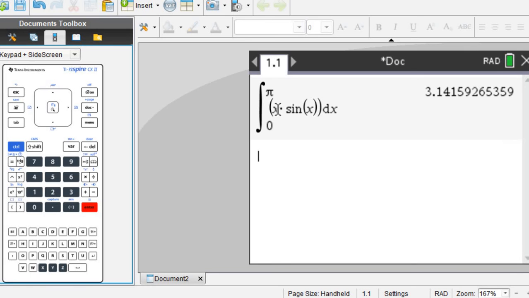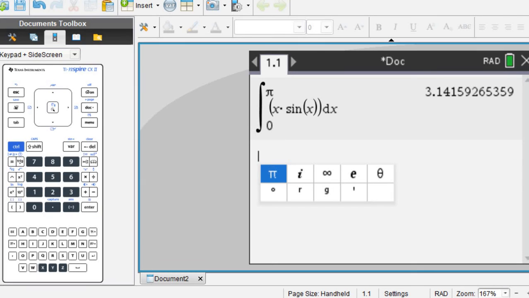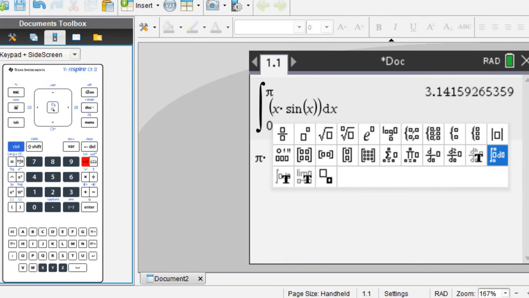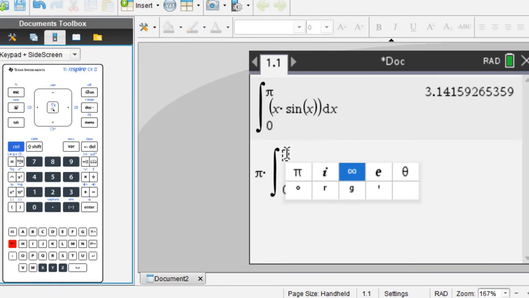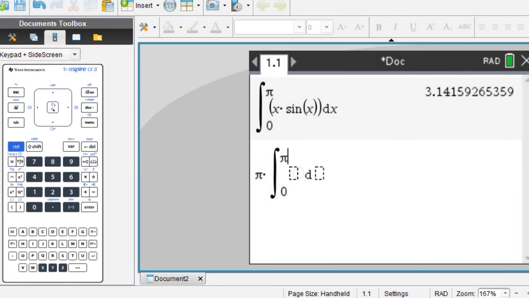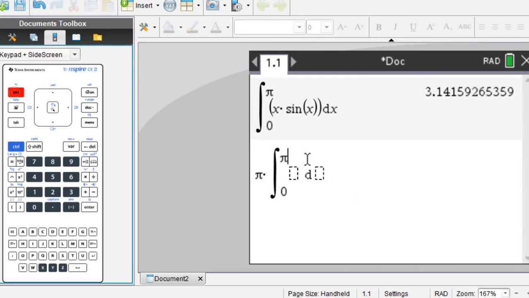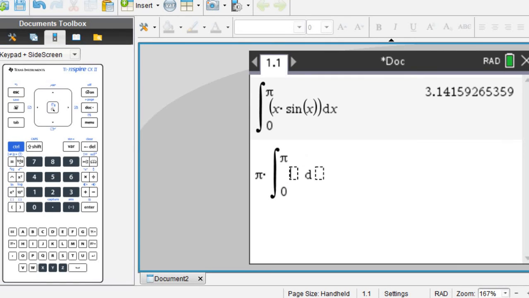Alright, so to type that in, pi times the integral (0 to pi). I have no idea what's going on with that. Now, we want the modulus. Actually, modulus is irrelevant, isn't it?